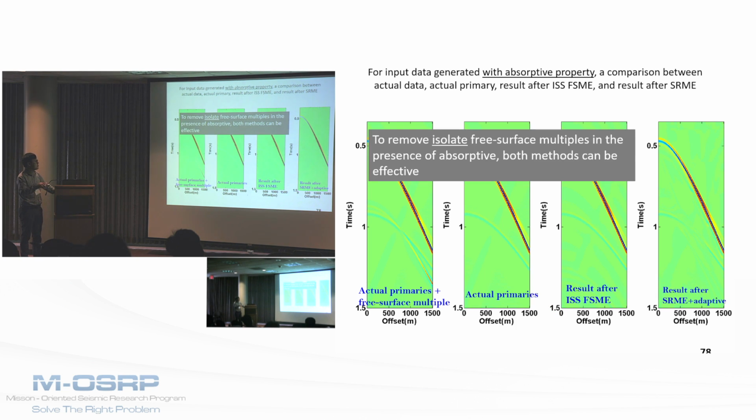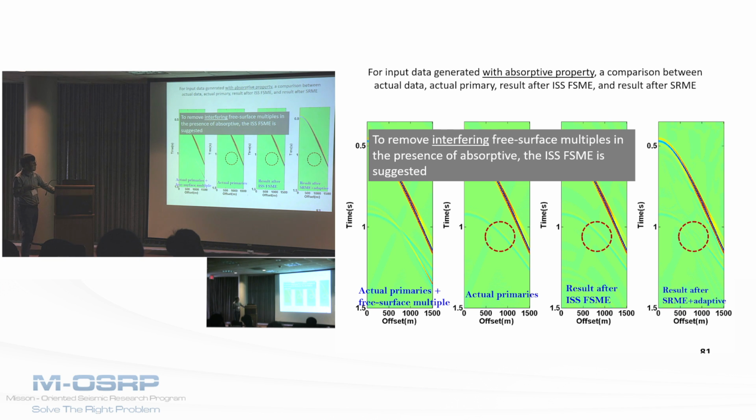And we can draw the same conclusion as in the last case: in the presence of absorptive property, to remove the isolated free surface multiple, both methods can be effective. Let's switch here. To remove the interfering free surface multiples, the ISS method is suggested.